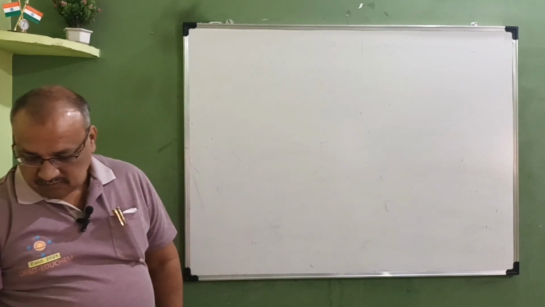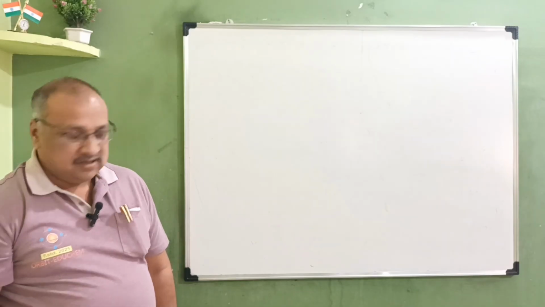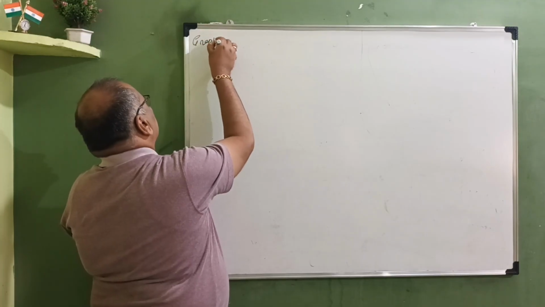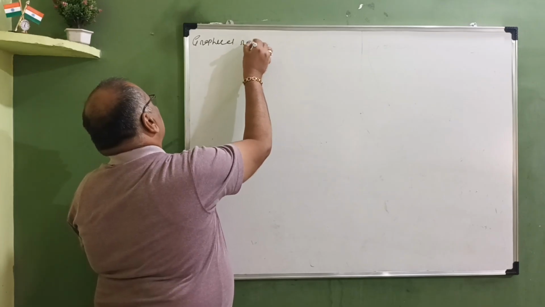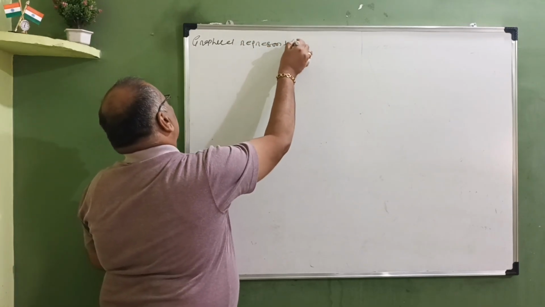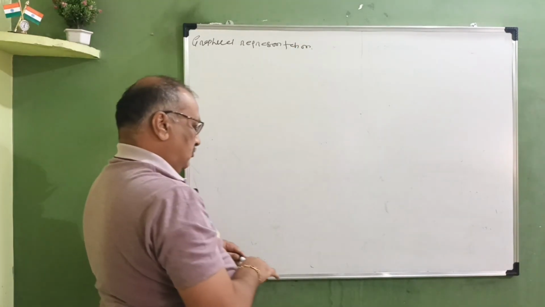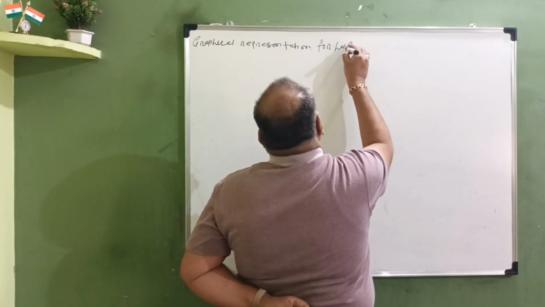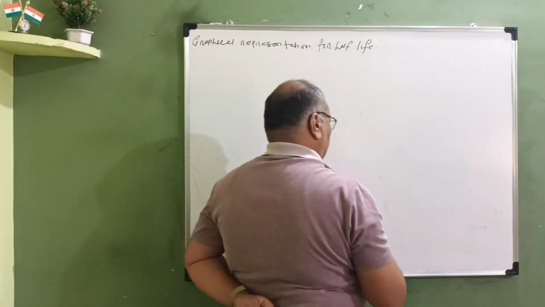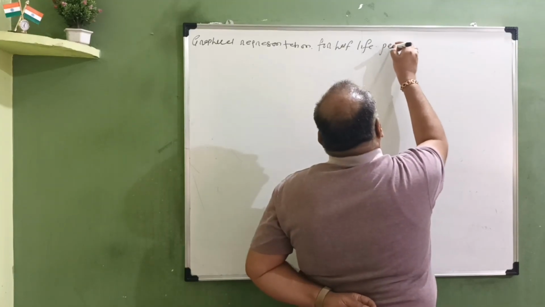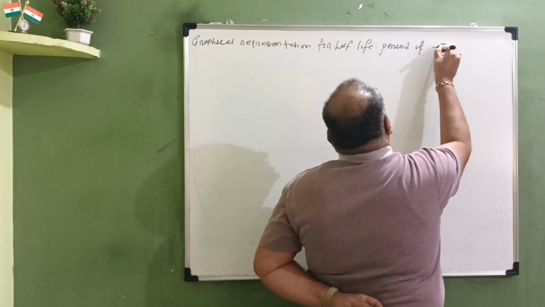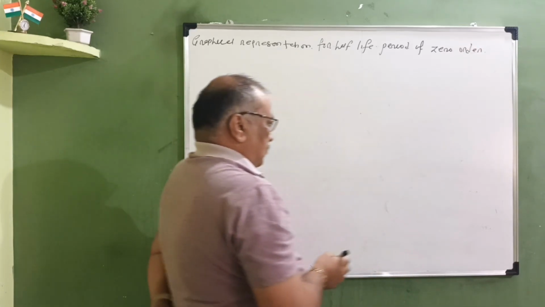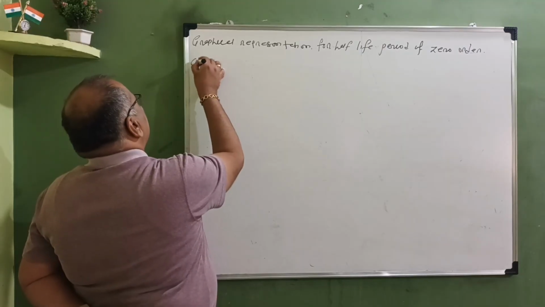Now write down the graphical representation for half-life period of zero order chemical reaction.